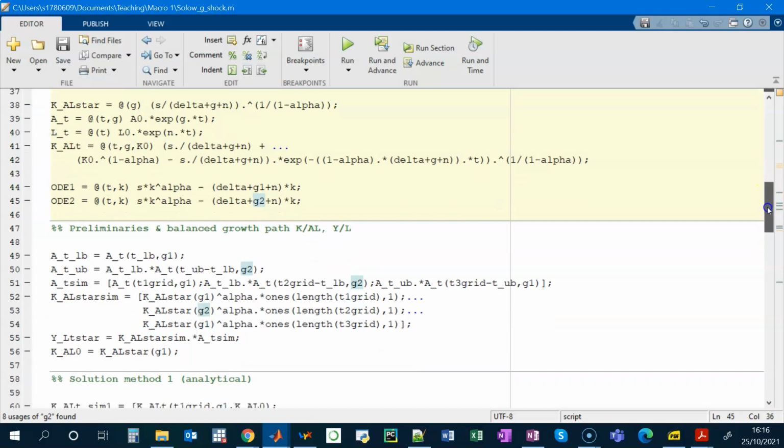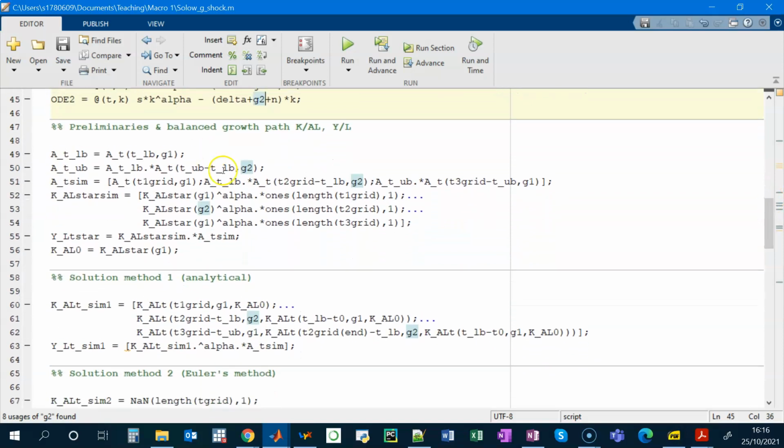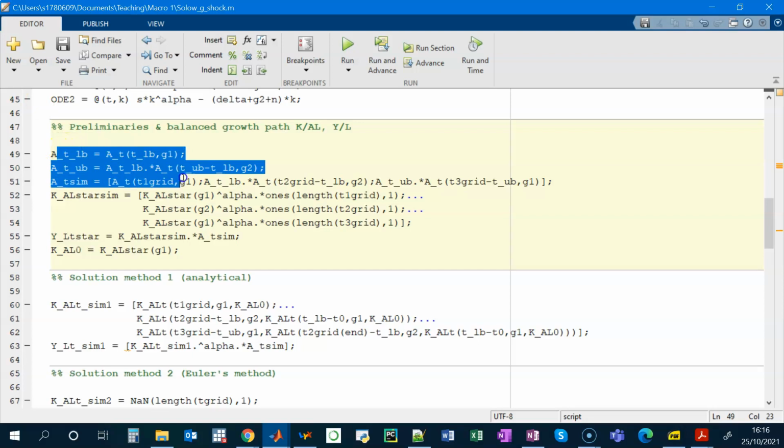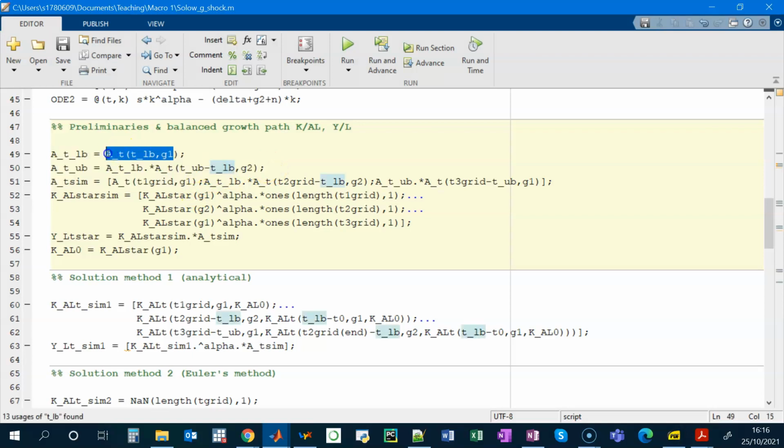In this section, I'm declaring some helpful series. So the first three lines are just the series for total factor productivity. TLB, this is the TFP at T lower bar, so when the G initially changes. Then at T lower bar, the growth rate increases.